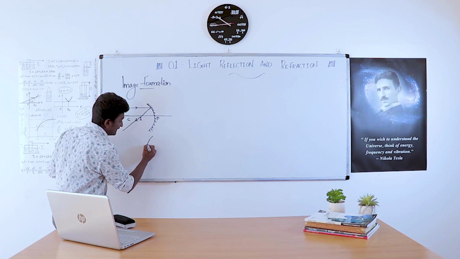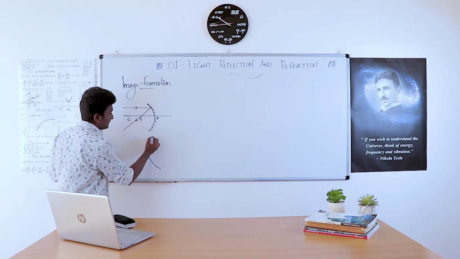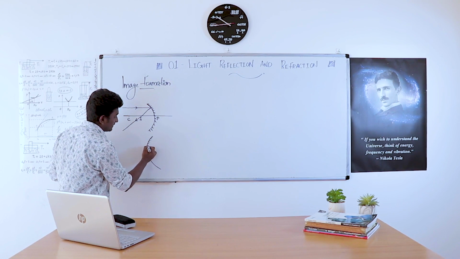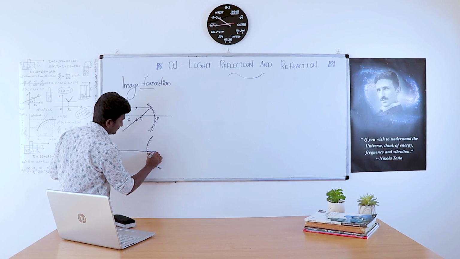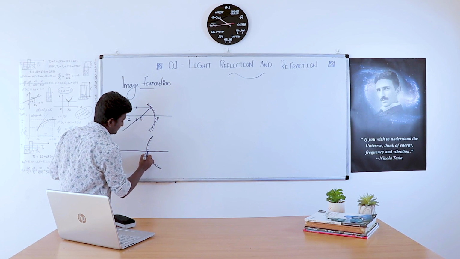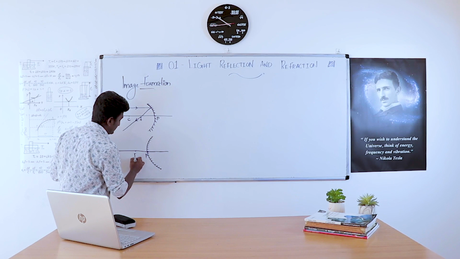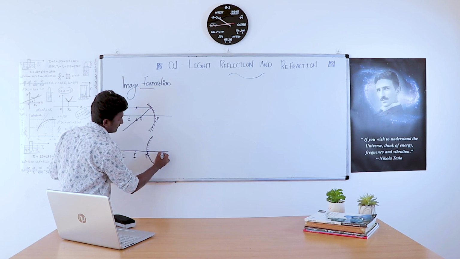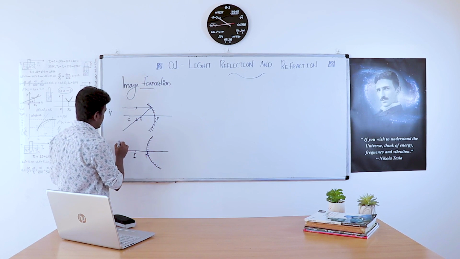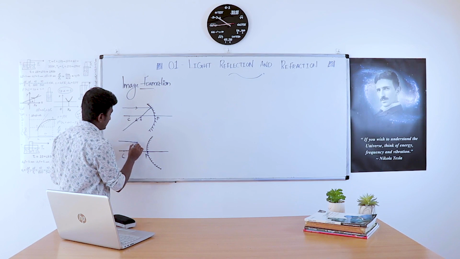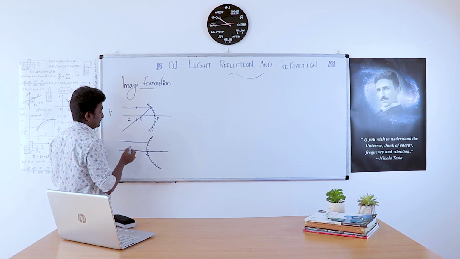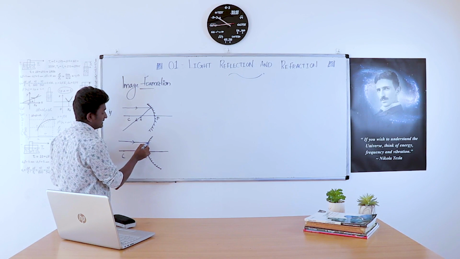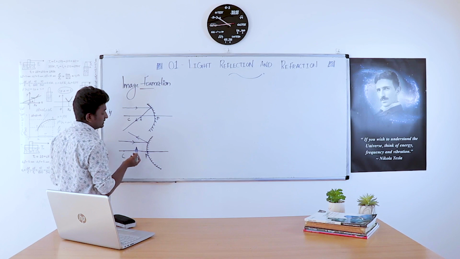Now we can consider the case of a convex mirror. Pole, focus, center of curvature. So when a ray of light passing parallel to the principal axis, after reflection goes like this.